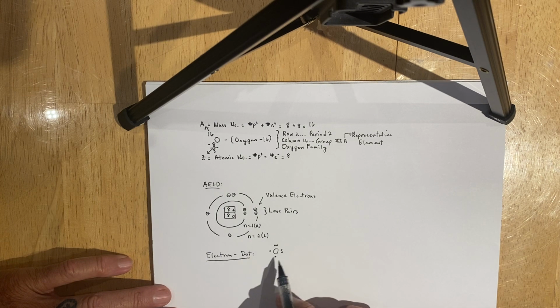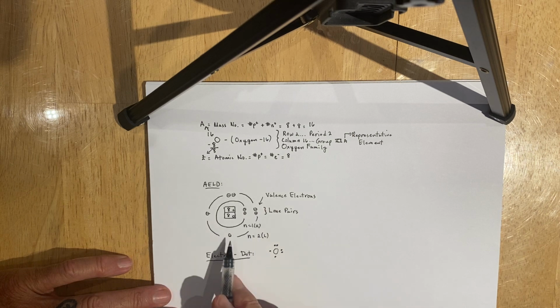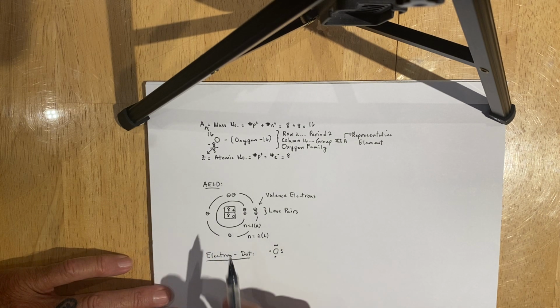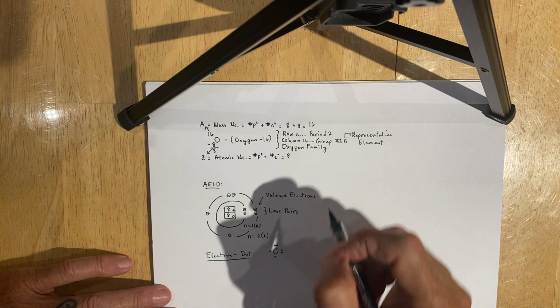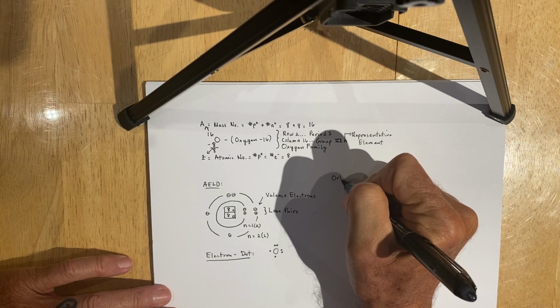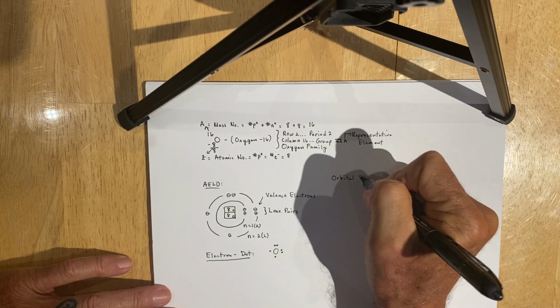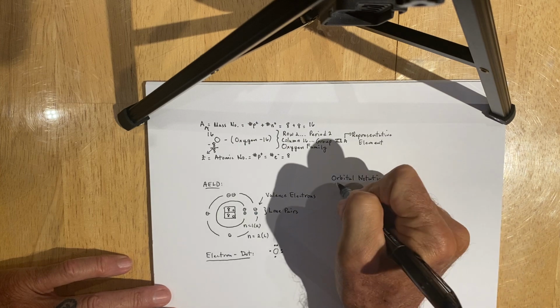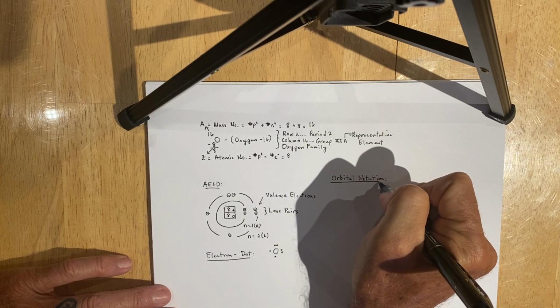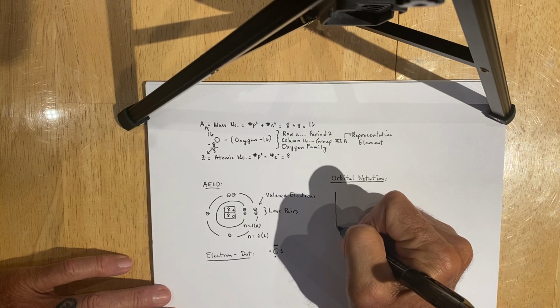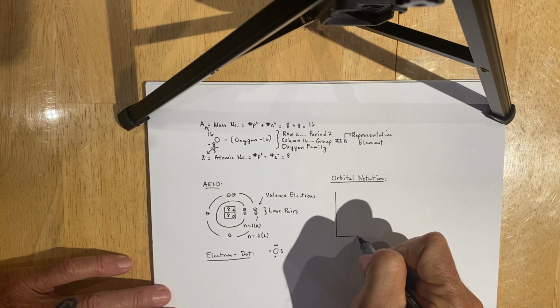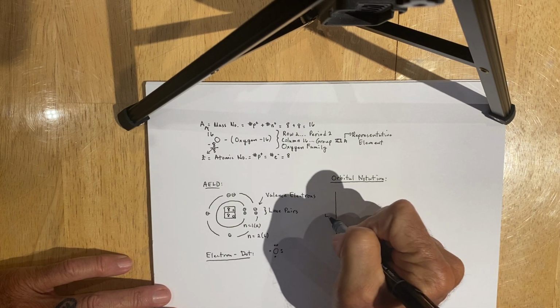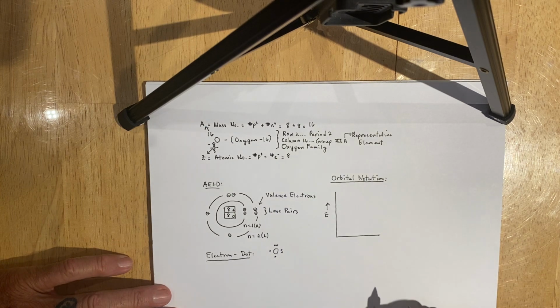And the electron dot should look something like the arrangement of electrons in the AELD. The next representation we're going to do again is the orbital notation for oxygen. And keep in mind that orbital notation is a way to represent the filling of electrons and energy levels moving from the ground state or lowest energy levels, moving away from the nucleus of an atom.